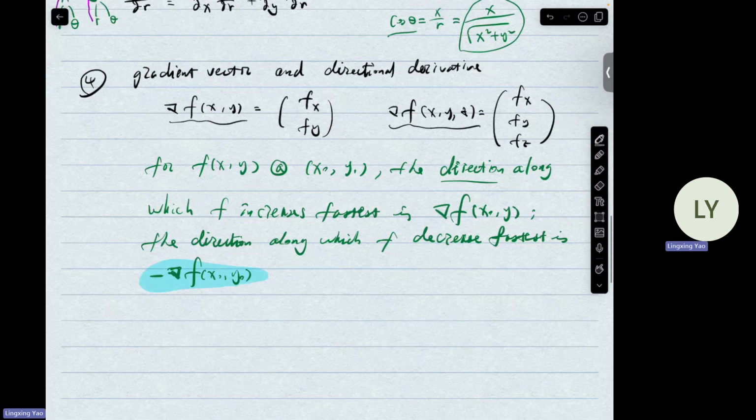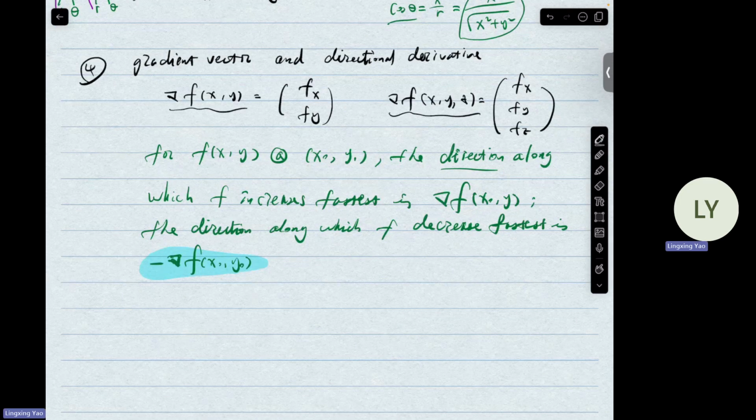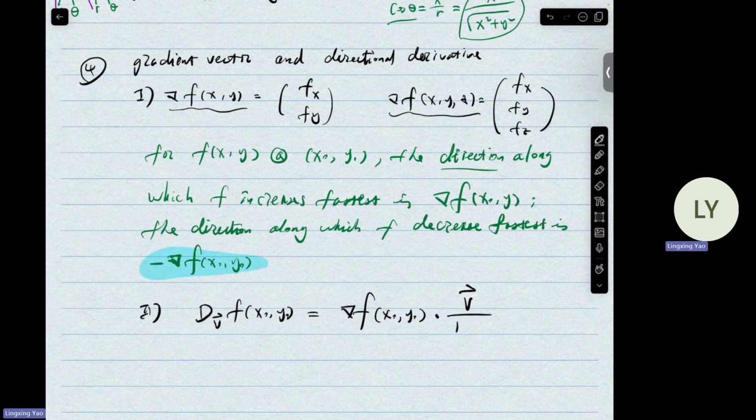All right, and the directional derivative, how do we compute the directional derivative? This is a gradient, and the directional derivative along the direction v for function f(x,y) at the point x0, y0 is obtained by computing the gradient vector of this function f at this point and then dot with this given direction of v and divided by the length of v.